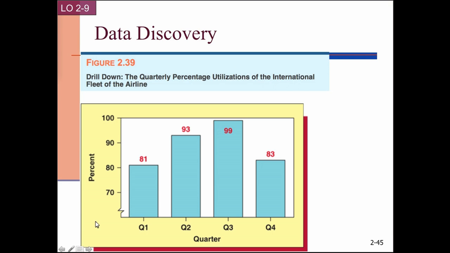Specifically for the international, for example, we did really badly in the first quarter and the last one. However, in the second and the third, it did well. So now we can focus our work and find the reasons that we had a very low utilization in the first quarter and the fourth one. So this is what is called drilling down into your data, analyzing your data deeper, and trying to find the element that can tell a better story than just looking at the average or the summary of your data.